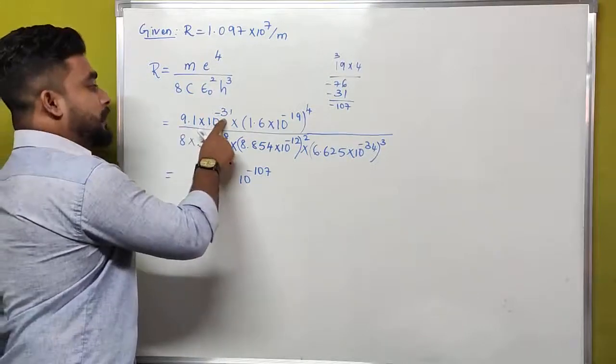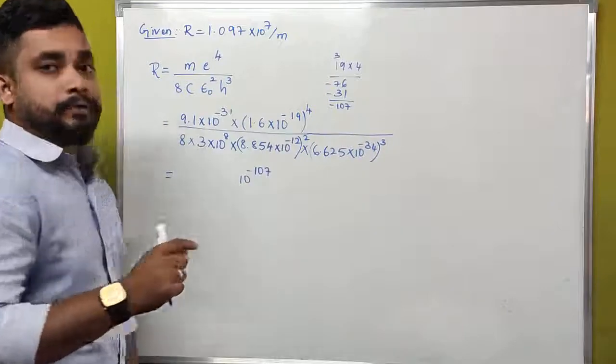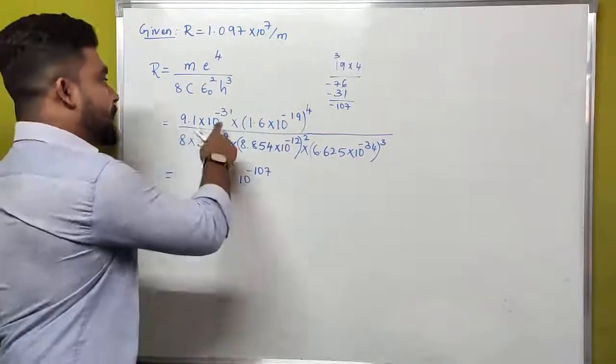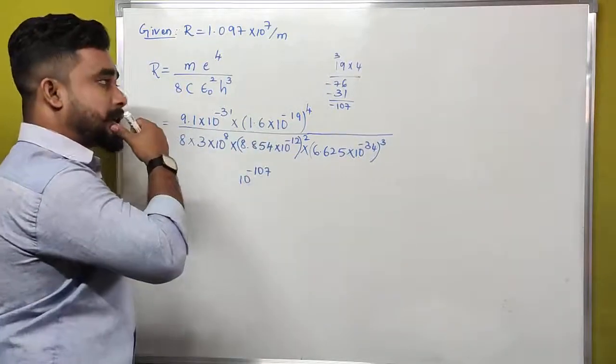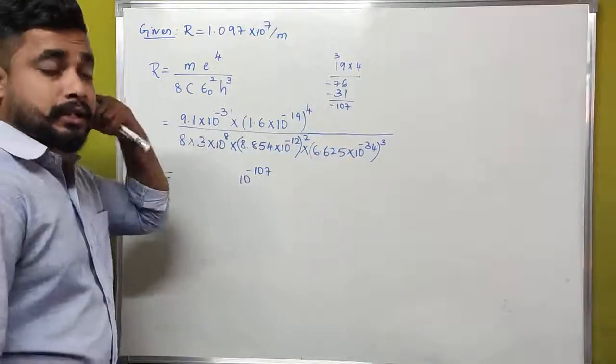Here we have 31, which has the same sign. This is also the same sign. Then we have to add these two terms. Minus 31 minus 76 is minus 107.